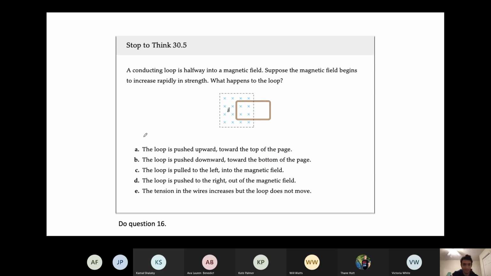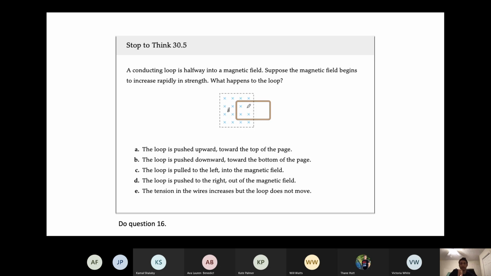So here, if you have a conducting loop halfway into the magnetic field, and suppose the magnetic field begins to increase rapidly in strength, what would happen to the loop? Okay, so now the magnetic field is into the page and it's increasing rapidly into the page.